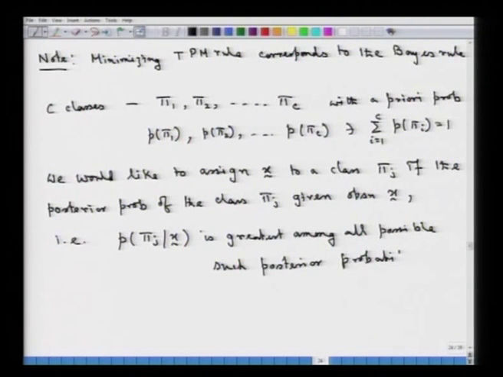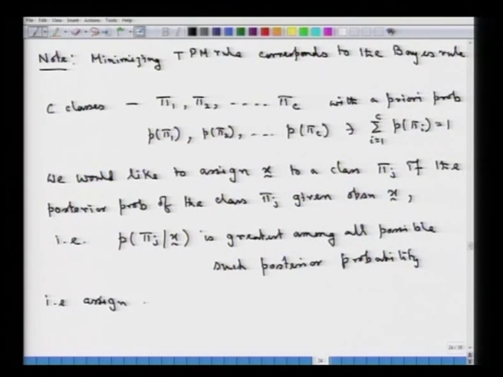So, that would be the principle under which we are going to frame the Bayes rule. If the posterior probability of a class pi j given this observation x is the maximum among all other posterior probabilities for the remaining C minus 1 classes, then that observation under the Bayes rule is assigned to pi j.